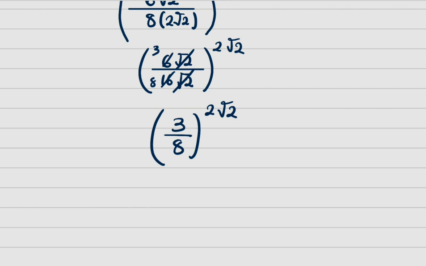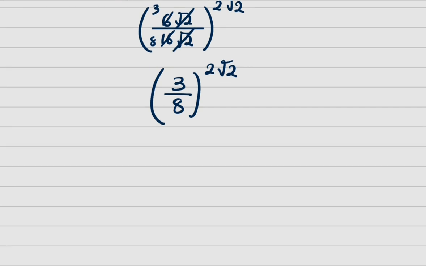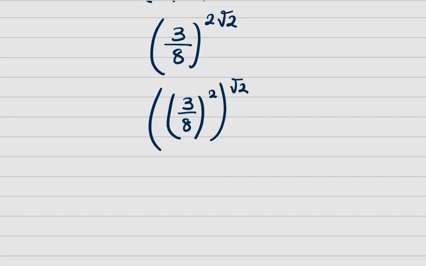Okay, you can leave it like this, or you can decide to push the square inside, so that you are going to have 3 over 8 all squared, then all raised to power root 2, so that finally you can have 3 squared is 9, all over 8 squared is 64, all raised to power root 2.